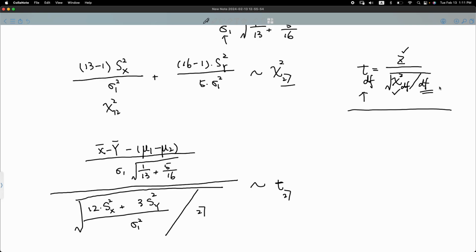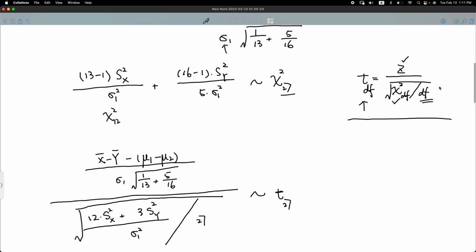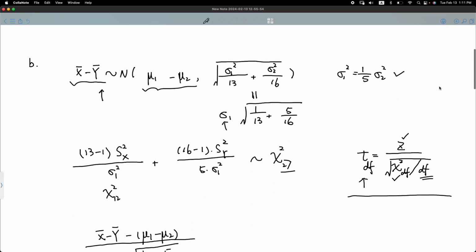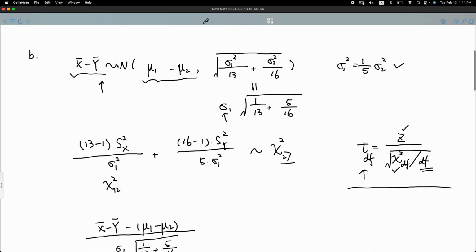So let me just summarize what we have been doing in this question. We are given particular numbers of samples for X and another set of samples from another group. They have their own mean and variance. And from there, we know that the difference of the two averages also follows a normal distribution.